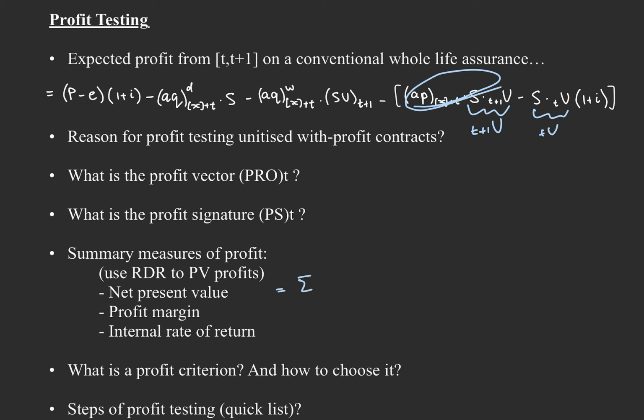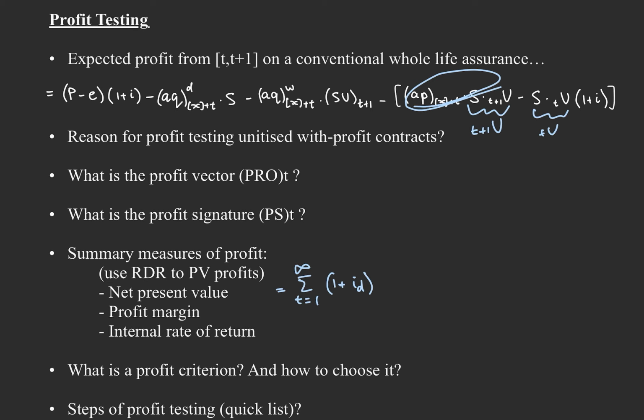It's the sum from t equals 1 to infinity, or until the end of the contract, where this here is the risk discount rate, and the risk discount rate is equal to the cost of capital plus a risk premium.